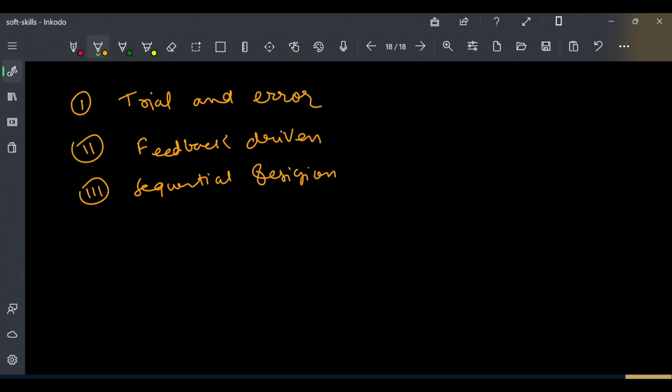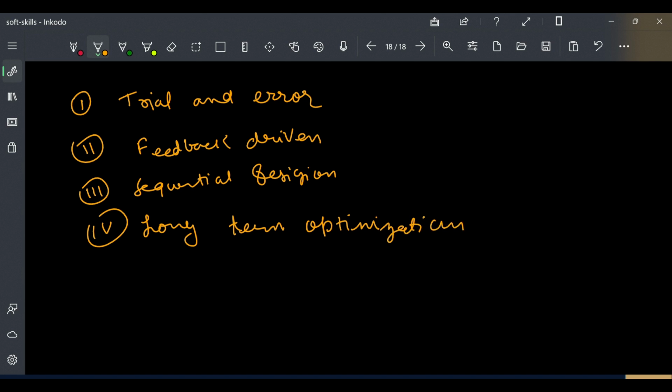Sequential decision making means each action affects the future state. Okay, so the next one is long-term optimization. In this, the goal is to maximize cumulative rewards over time, not just immediate gains.